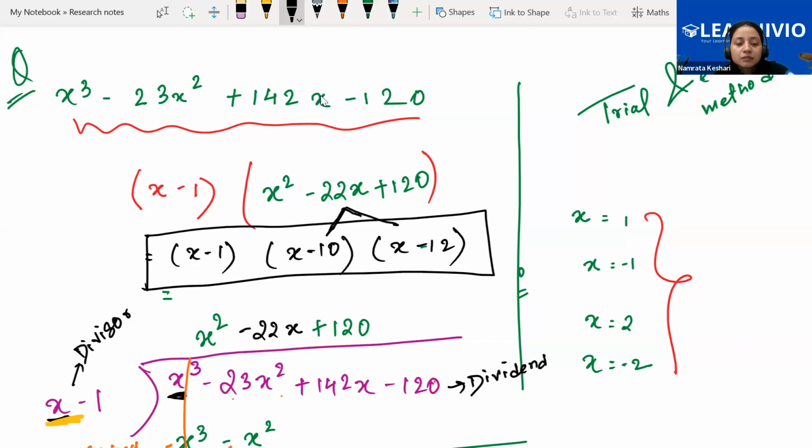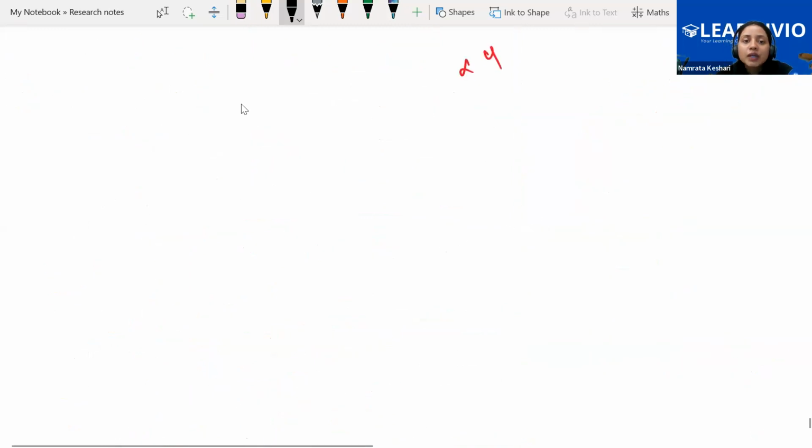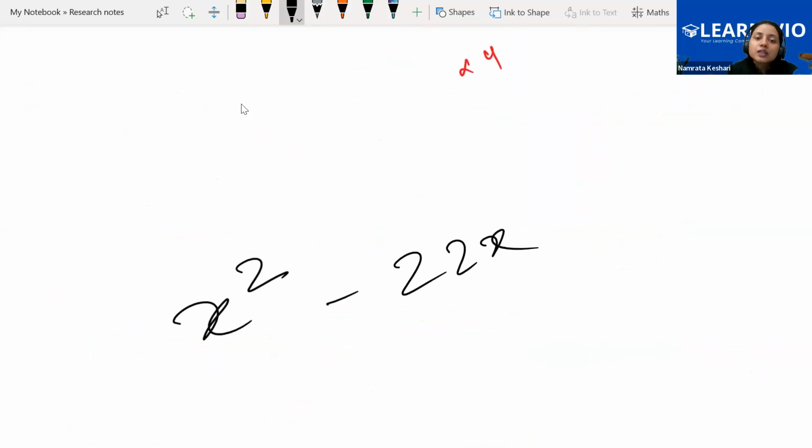Yeah, please tell me. Miss, I got the answer. Have you got the same, Samya? Okay, Bharti, have you got the same? Yes, miss. Okay, does everyone know how to split the middle term if I give you x square minus 22x plus 120?